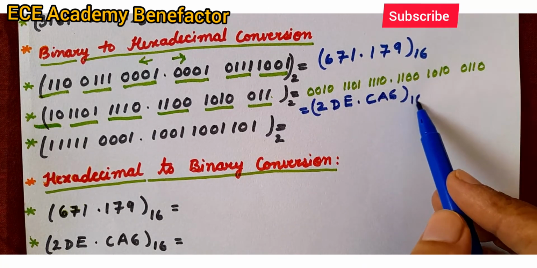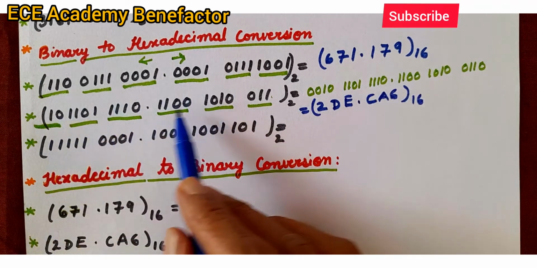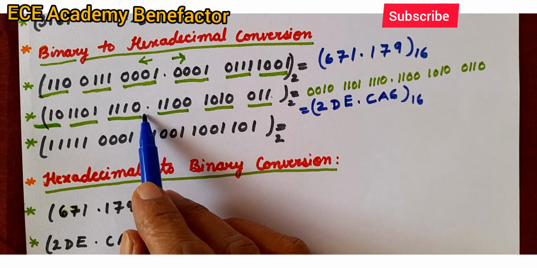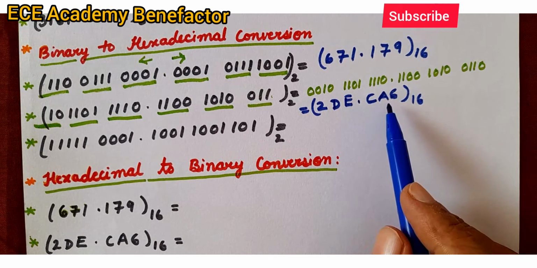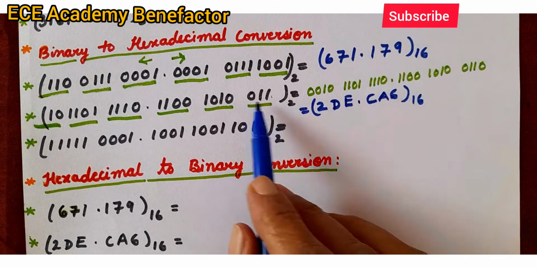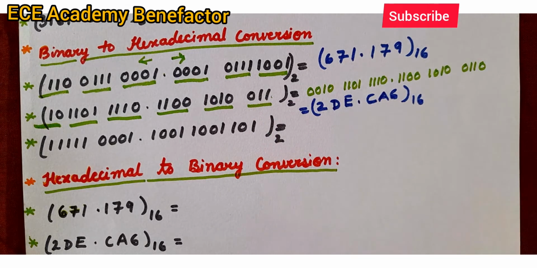So we have converted this binary number by grouping of 4 bits and then writing their respective hexadecimal numbers.